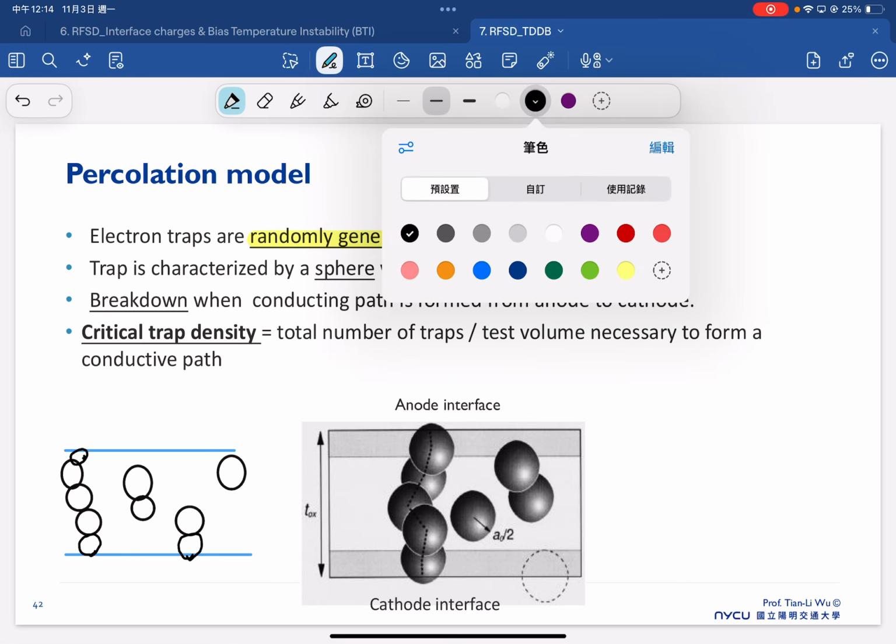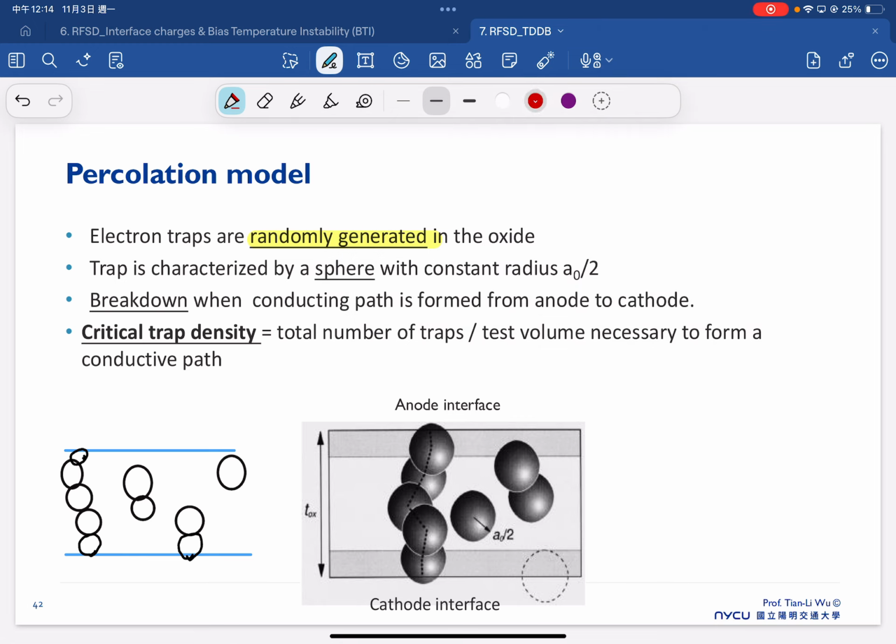This is the moment where electrons can start to go through, and it becomes a conducting path to the other side.